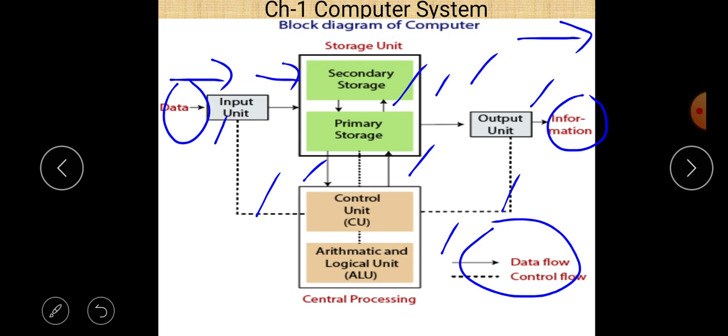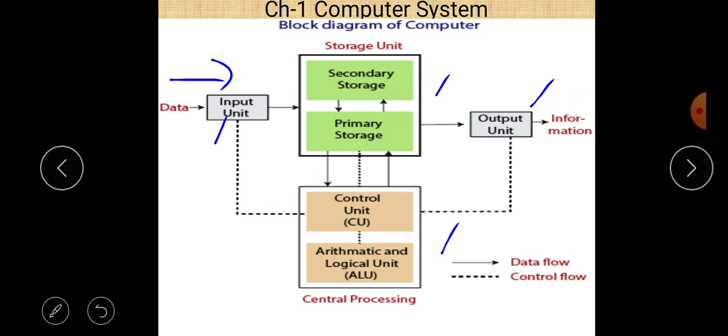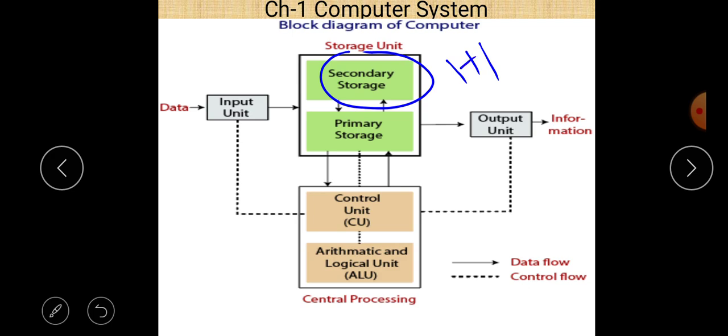Now when we talk about the storage unit, it is basically divided into two different parts, secondary storage and primary storage. In secondary storage, data is stored permanently, and the secondary storage here represents the hard disk.